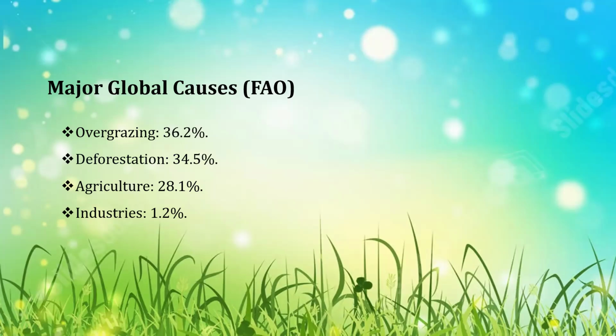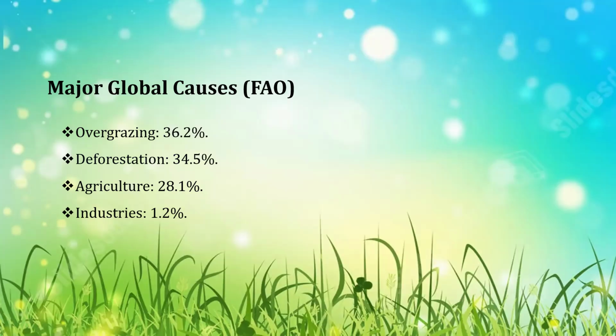And the last point is industries. That is only 1.2 percent, the smallest percentage on this list. Industrial impact is often the most difficult to reverse. The main context in industries is pollution from manufacturing, mining activities, and improper waste disposal.